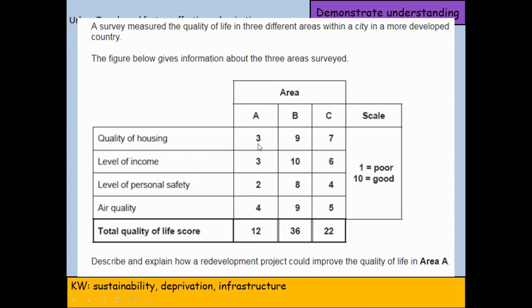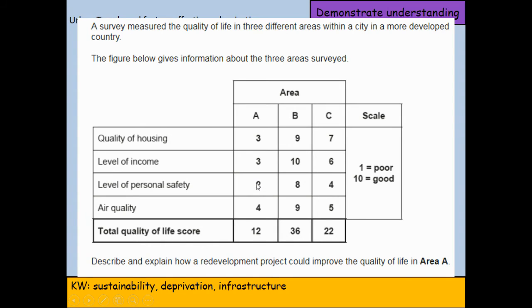So the quality of housing. You've got 3, 9, and 7. So obviously inner cities, A has the lowest quality of housing, B has the highest, and then 7. Level of income. So 3 is obviously the poorest area, 10 is the richest area, and C is middle. Personal safety. So 2.